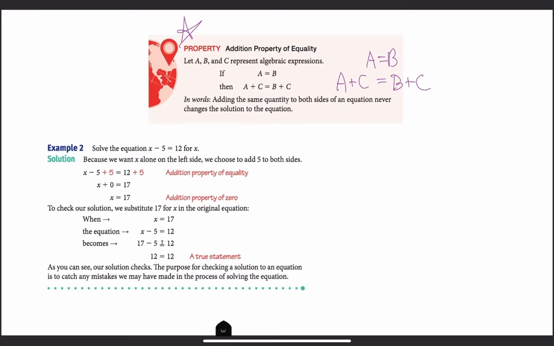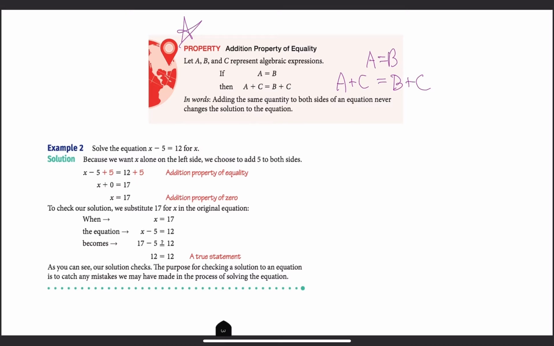If it started out that A equals B, and you add C to A, well, you better add C to B in order to keep things equal and fair and the same value on each side.